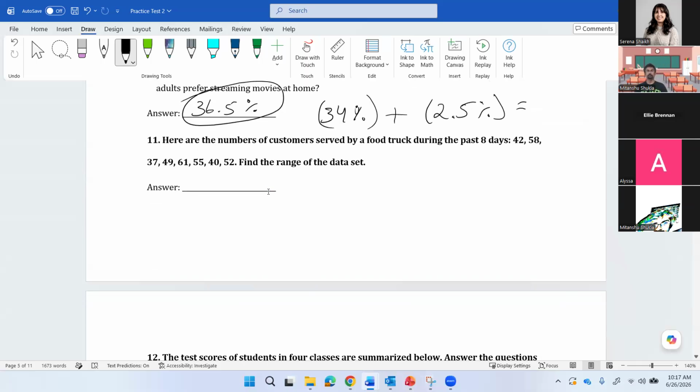Number 11. Here are the numbers of customers served by a food truck during the past 8 days. Find the range of the data. How do I find the range, guys? This one is easy breezy. Let's get it. How do I find the range of a data set?